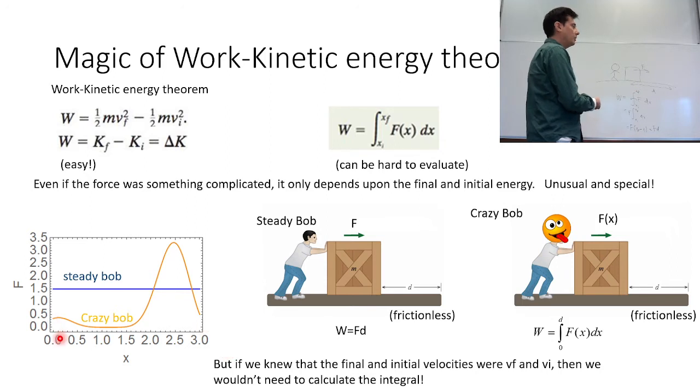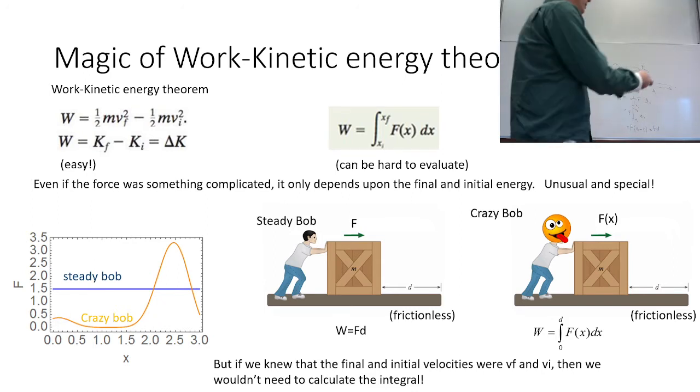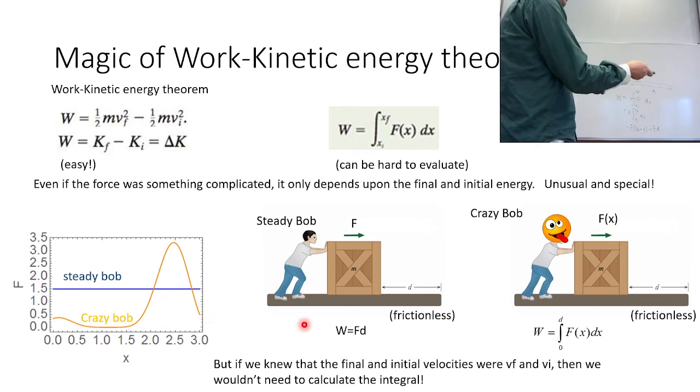If you were to try and calculate the work for these two guys, for Steady Bob it's easy, it's just force times distance. But for this one, you have to calculate the area under this curve, and if it's not a nice curve, it's actually not so easy to calculate, right?